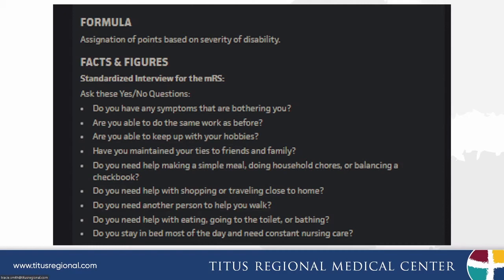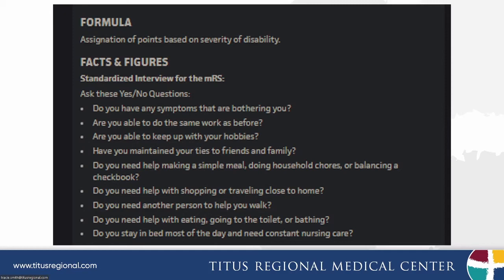Do you have any symptoms that are bothering you? Are you able to do the same work as before? Are you able to keep up with your hobbies? Have you maintained your ties to friends and family? Do you need help making a simple meal, doing household chores, or balancing a checkbook?